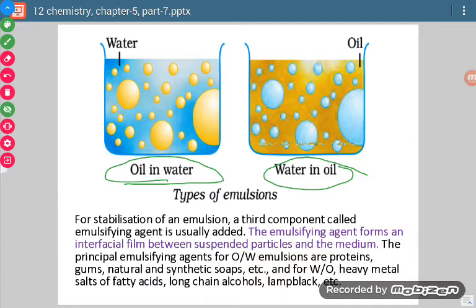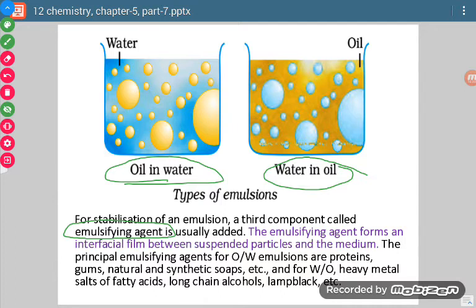If we are talking about water in oil, then water will be less and oil will be more. Okay, now one thing comes to our mind: oil and water are immiscible in nature, so how can they form an emulsion? The answer to this problem is that we have to use some emulsifying agent. Only then do these emulsions exist. So oil and water is one thing, and we have to add a little amount of some stabilizing agent.